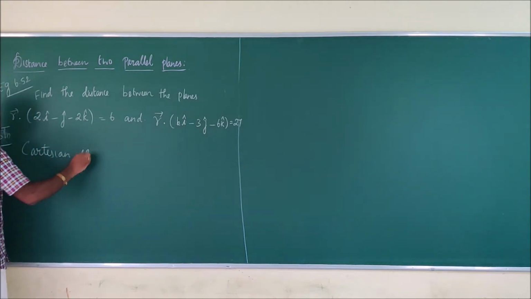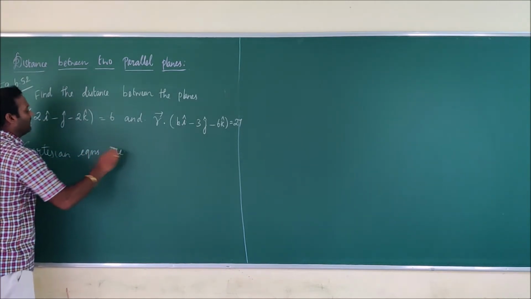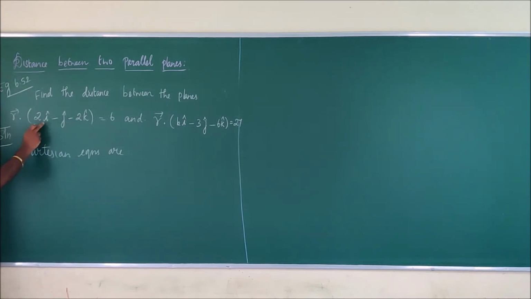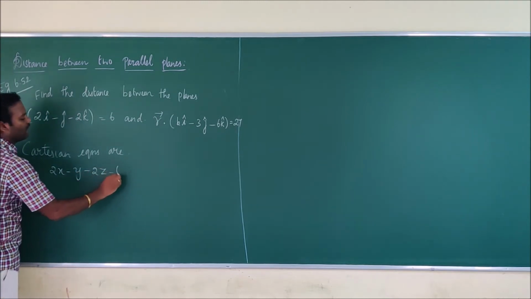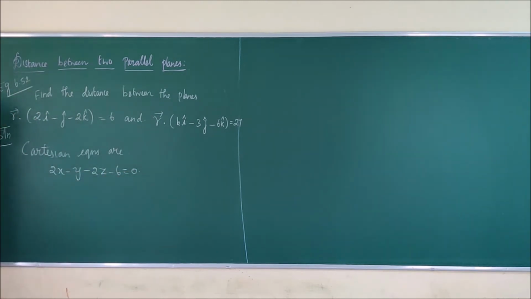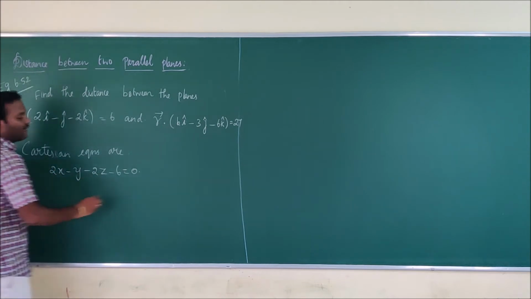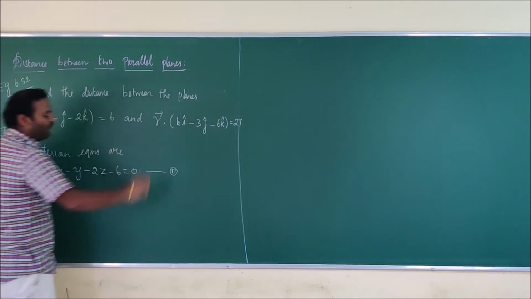So the Cartesian equations are: first, 2x minus y minus 2z minus 6 equal to 0. This is the Cartesian equation of the first plane.